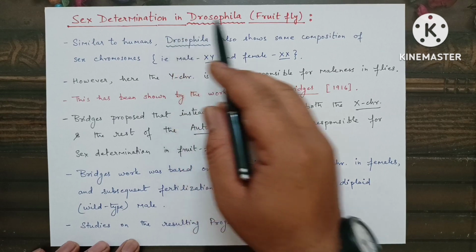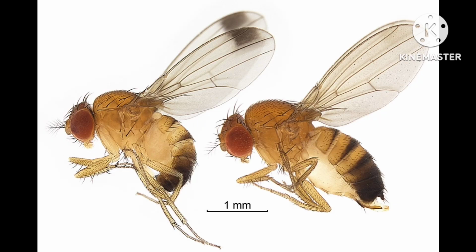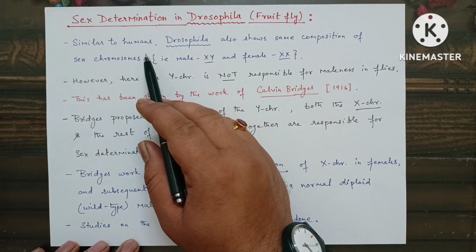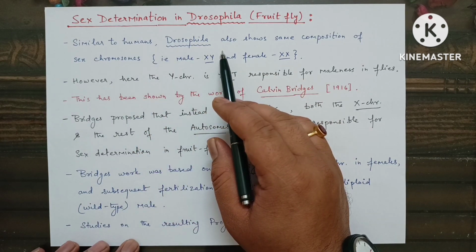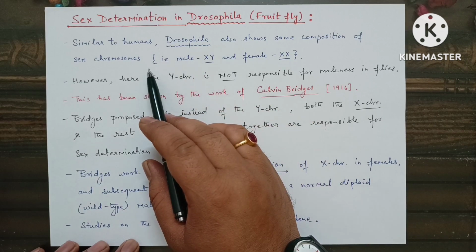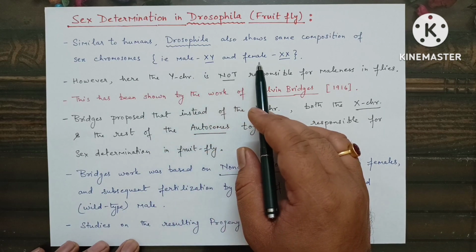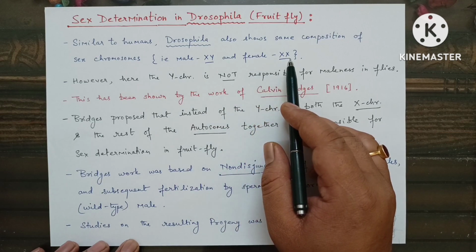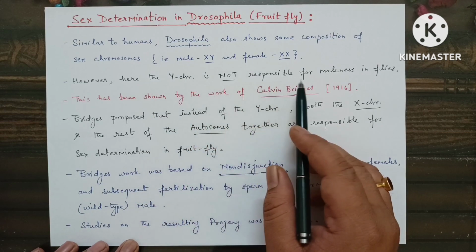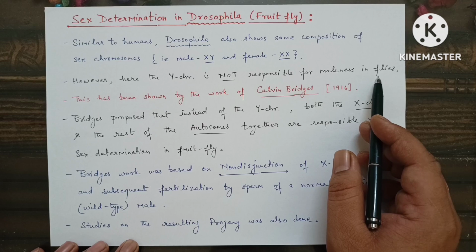Sex determination in Drosophila. Similar to humans, Drosophila also shows the same composition of sex chromosomes, that is, male has XY chromosomes and female has two X chromosomes. Here the Y chromosome is not responsible for maleness in flies.